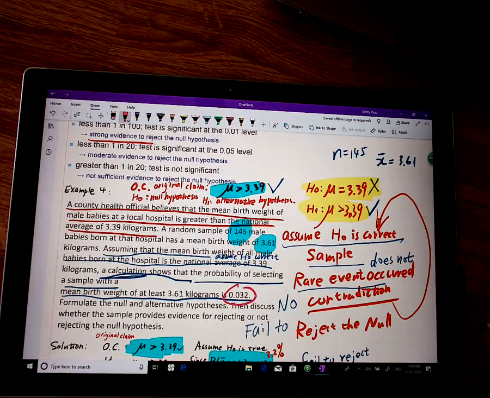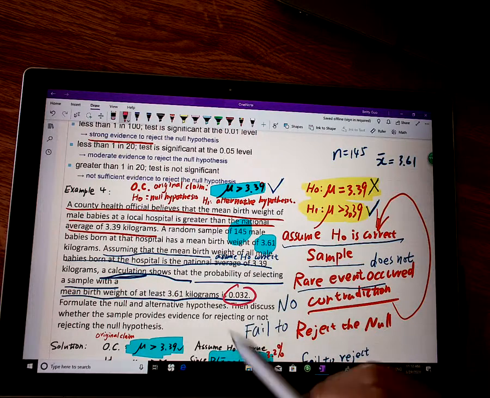Is that high or low? So now we got a sample, we get a sample mean, and we figure out the probability that the sample mean is at least 3.61. The chance is 3.2%.